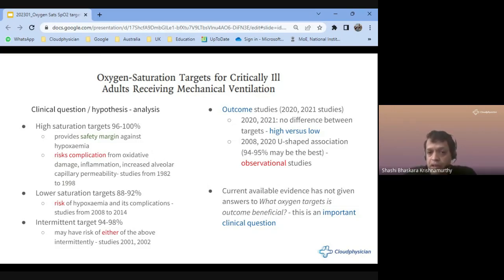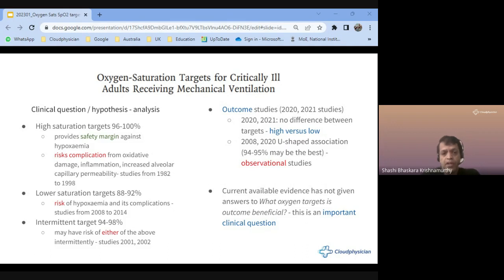The intermediate targets were between 94 and 98% saturation. Patients in either group who fall into the lower category during the period may have a risk of hypoxemia, and vice versa when they go into hyperoxia. So this led to somewhat later studies, almost a decade ago.